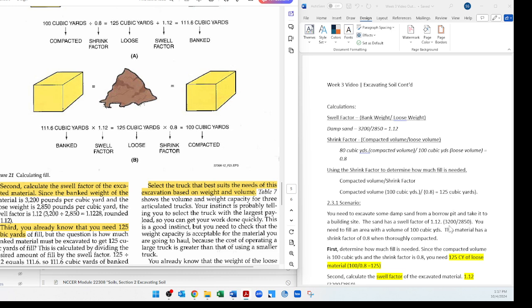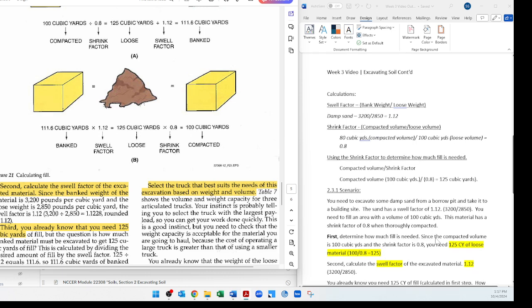So that's what it's going to take. This material that we're talking about has a shrink factor of 0.8 when it's thoroughly compacted. So first determine how much fill is needed since the compacted volume is 100 cubic yards and the shrink factor is 0.8. Right there, again, 125 cubic yards of material. 100 divided by the shrink factor equals 125 cubic yards.